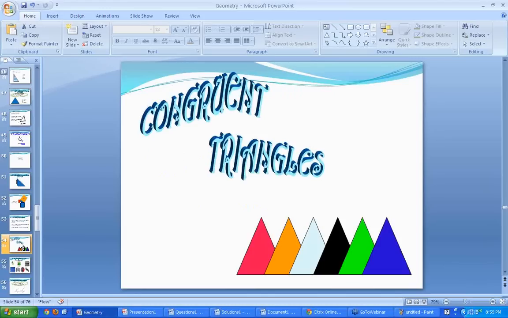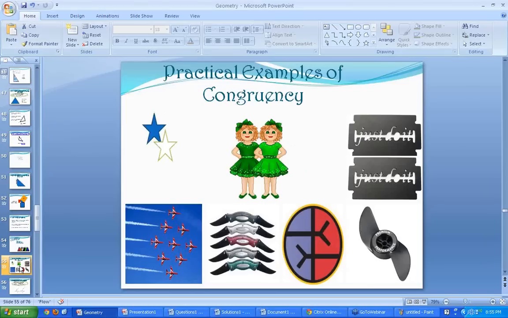Now we come to congruent triangles. I'll just explain to you. Lots of people have a phobia of the word congruent; they feel that they will not be able to solve questions of this kind. Congruent triangles or congruent figures are nothing but figures having similar shape and similar size.